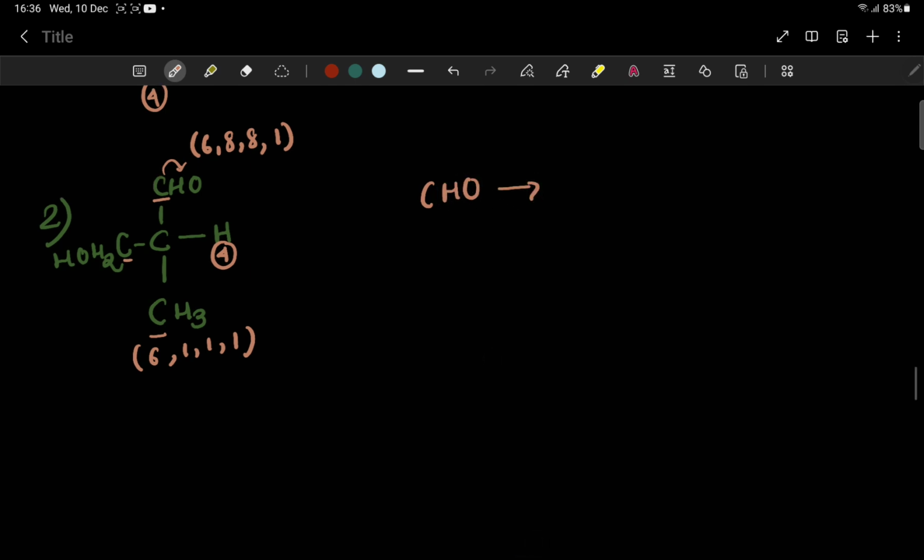CHO can be written this way, that it is C double bond O and this is H. If we don't think about this double bond, then we can also write it this way, that this is carbon and here you come with OH. As the double bond is present, here I will add one oxygen, here I will add one other oxygen, and this is hydrogen.